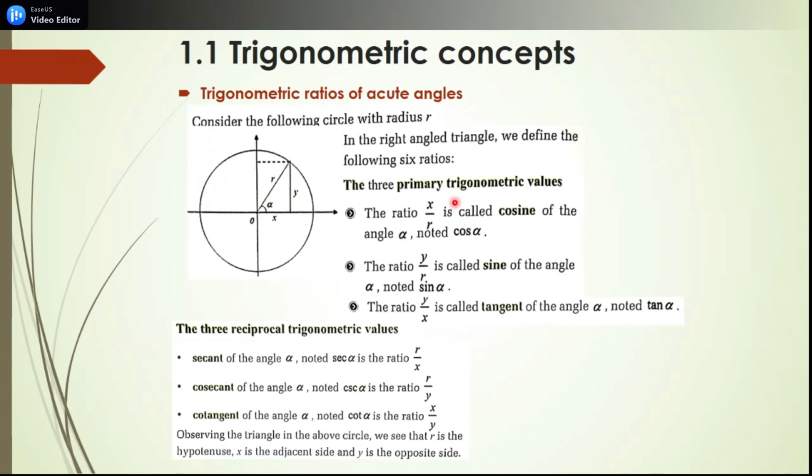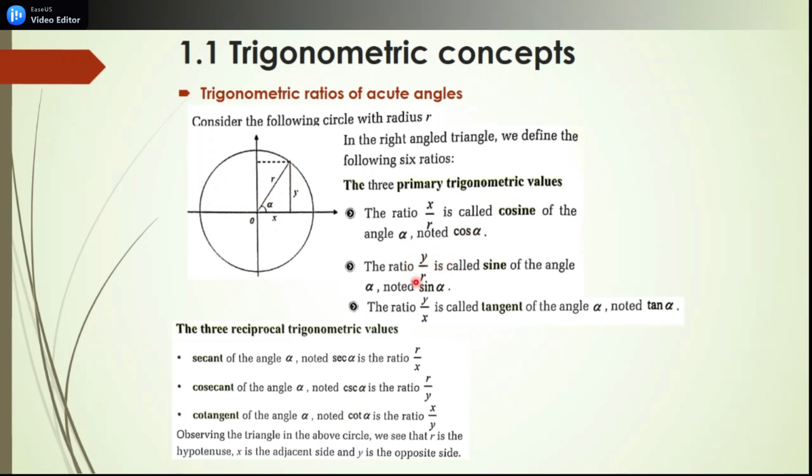We start from the primary trigonometric values. The ratio of x over r, adjacent side over hypotenuse, is called the cosine of alpha.